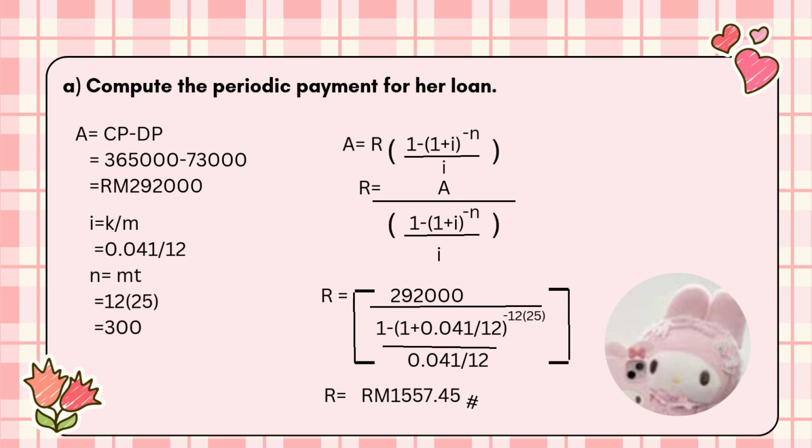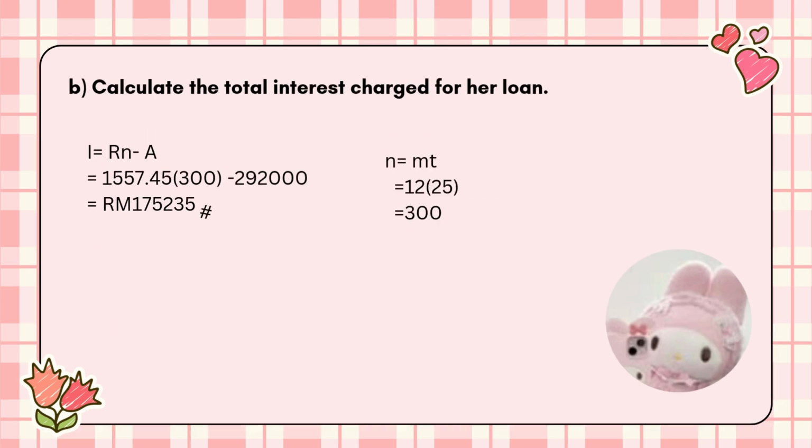So it will be R equals A times I divided by 1 minus 1 plus I negative N. You will switch the symbol with the amount we already got, and then you will get 1557.45 cents.